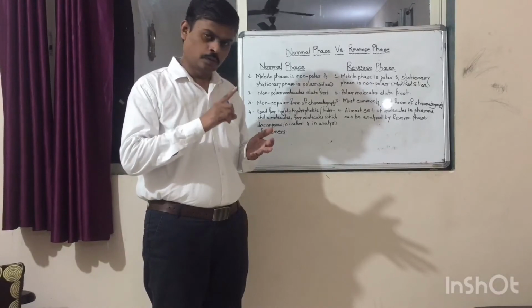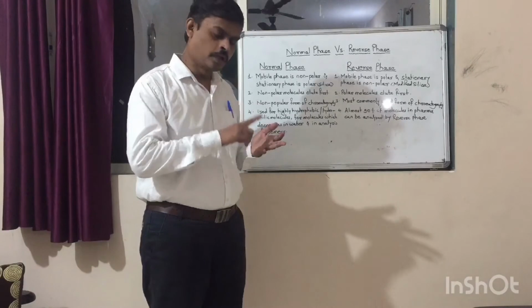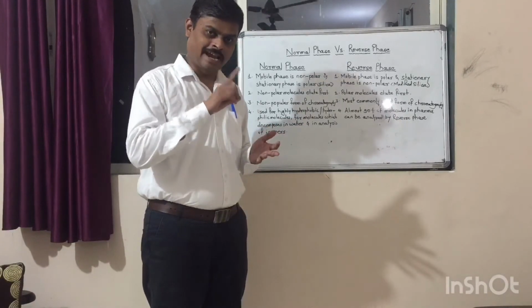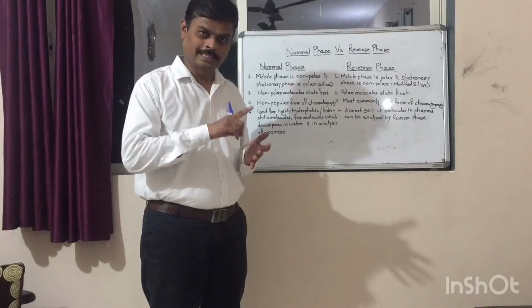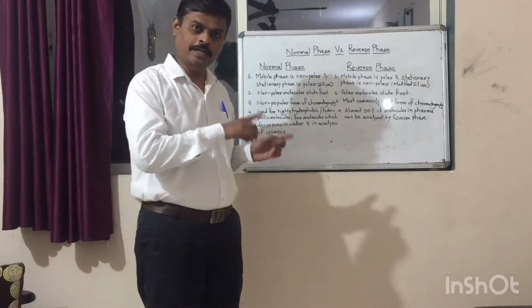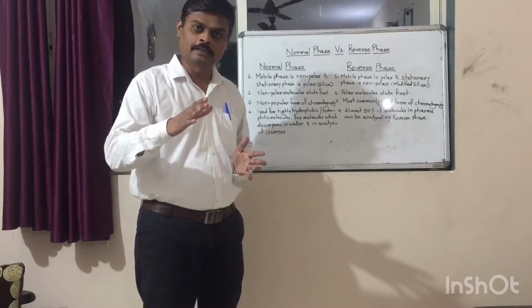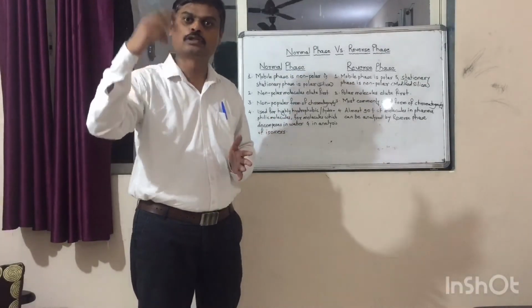Here, due to the polar nature of the stationary phase, polar molecules adsorb or are retained on the surface of the stationary phase, whereas non-polar molecules move quickly through the stationary phase and elute first.